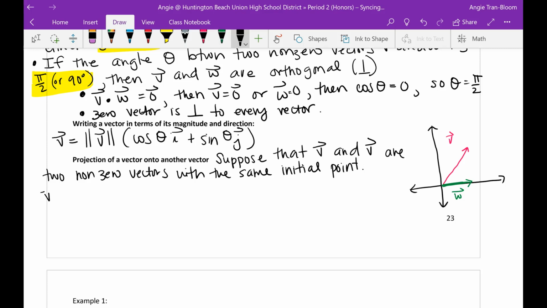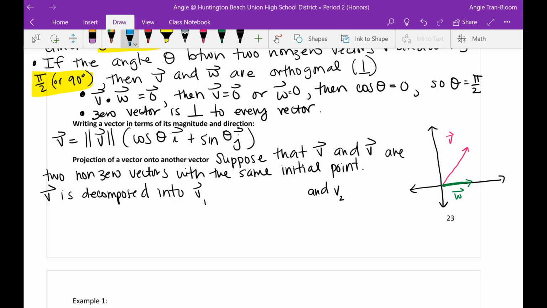Vector V is decomposed into V sub 1 and V sub 2. Give yourself some space. Well, how do I get this V sub 1 and V sub 2?